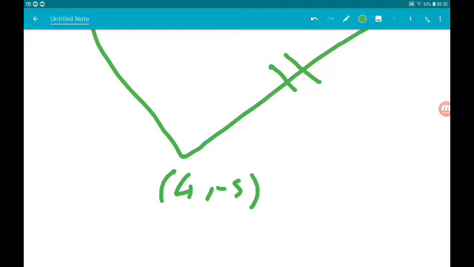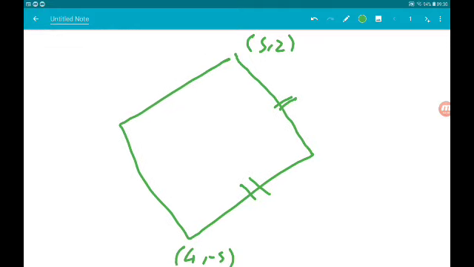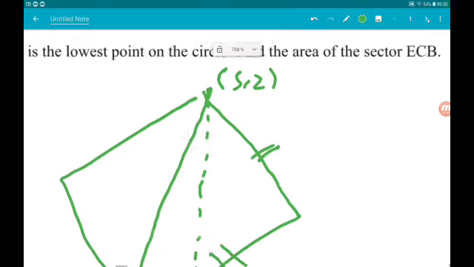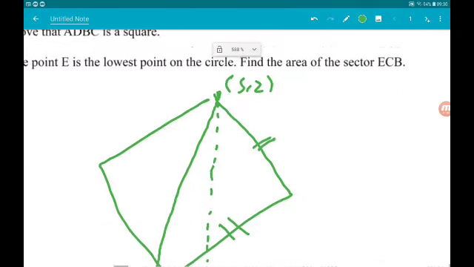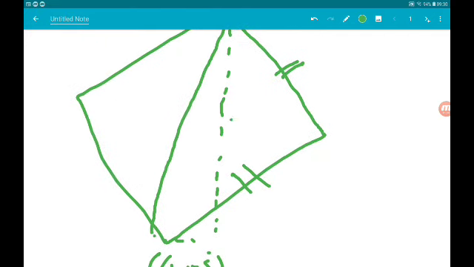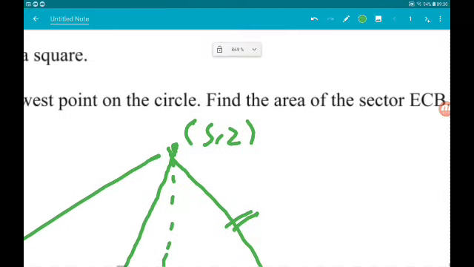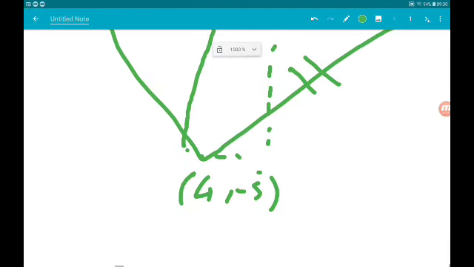What we can do is work out the length of the diagonal of the square. So that height is 2 down to minus 5, so that's 7. And the length is 4 to 5, so that's 1.